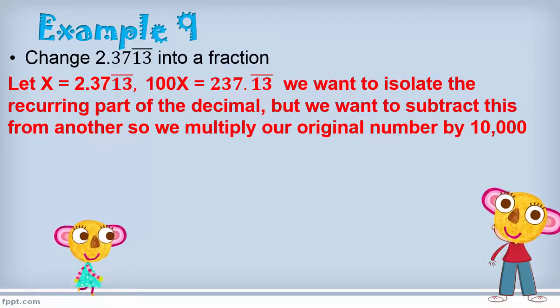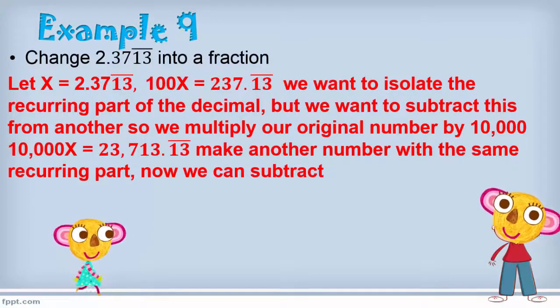But we want to subtract this from another, so we multiply our original number by 10,000. And we get 10,000x is equal to 23,713.13131313. We did this in order to make the recurring part, meaning the part after the decimal, the same. Now we are in the position that we can subtract.